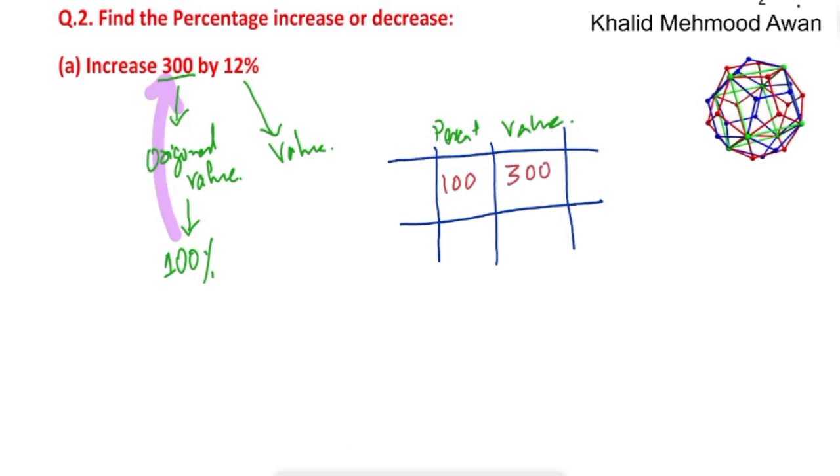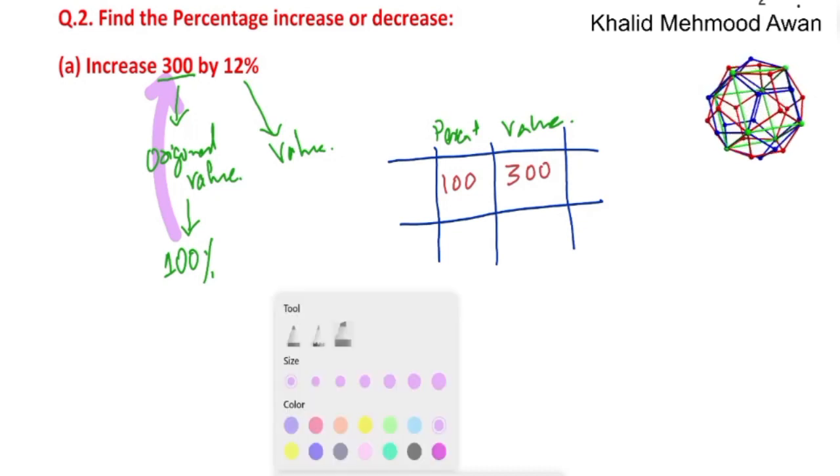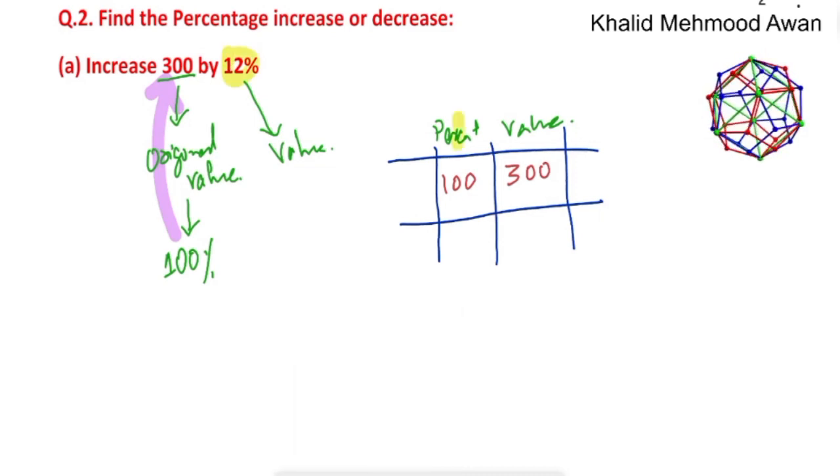Now it says 12%, so in the percentage column, we'll be writing in the next line 12, and we don't know about the value, so we'll be writing it as a value.